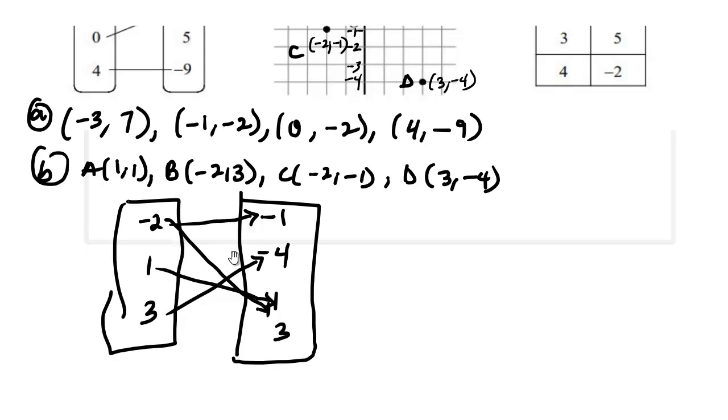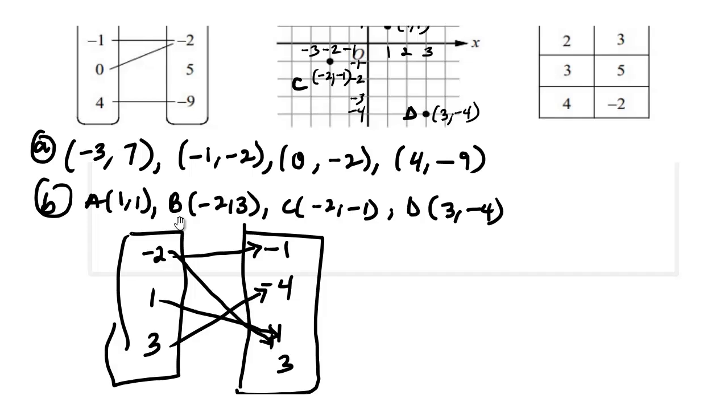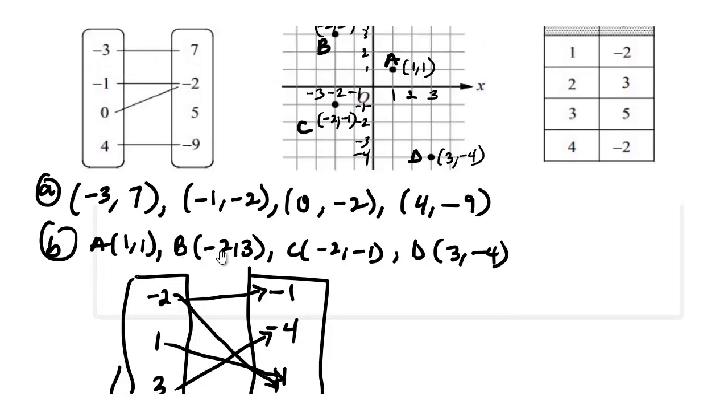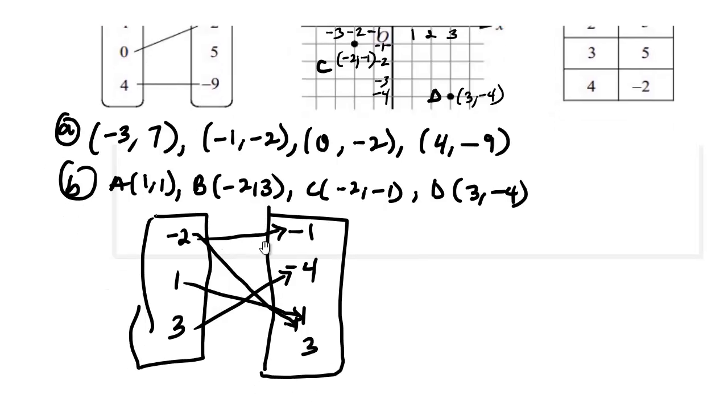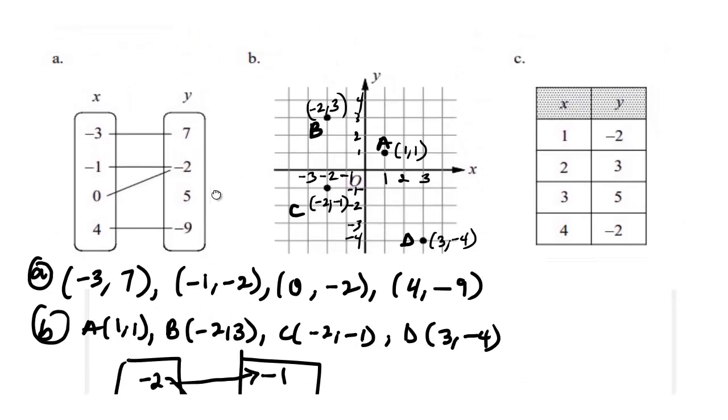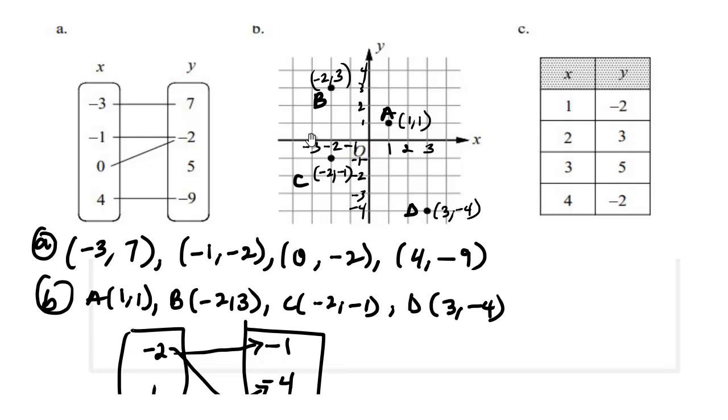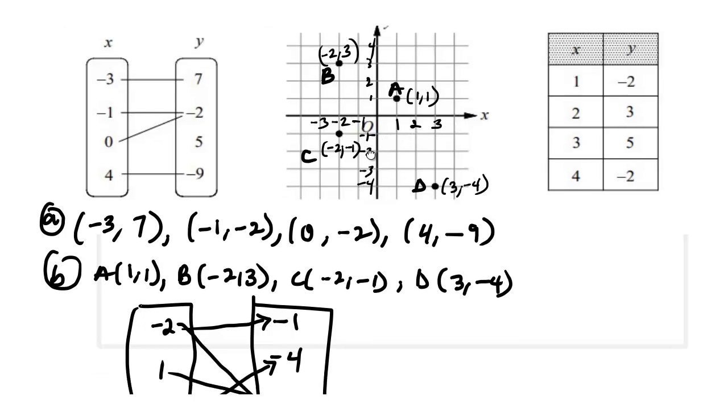For it to represent a function, every element in X cannot be merged with 2 elements in Y. So if you look at it, the element -2 in the domain is paired with both 3 and -1, so it can't take 2 elements in Y. So in that case, this particular graph does not represent a function.